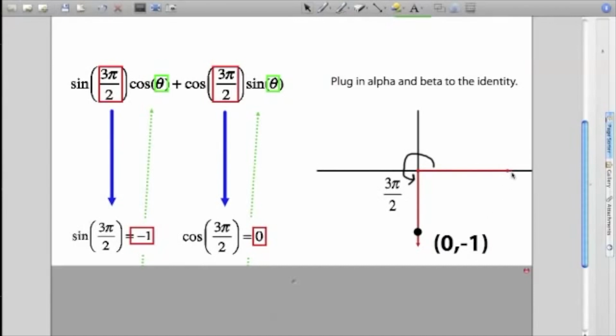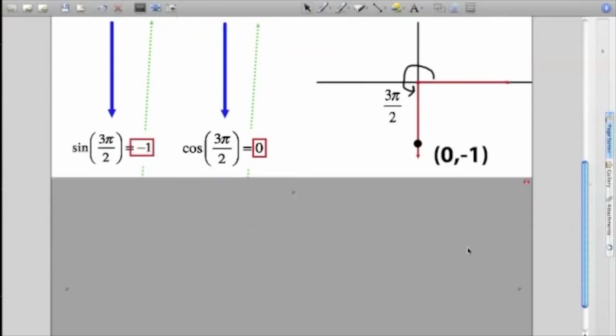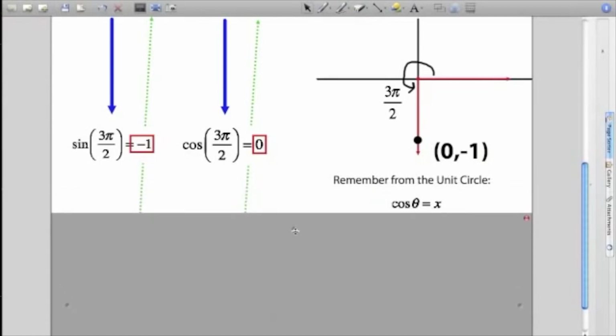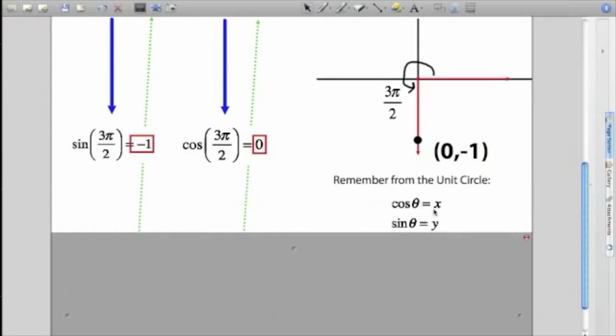Because at 0 degrees, it would be (1, 0). Up at 90 degrees, it would be (0, 1). At 180 degrees, it's (-1, 0), and of course down at the bottom we have (0, -1). Well, that's nice because if you remember from our unit circle, the x-coordinate and the y-coordinate corresponded to the cosine and the sine, as you see on the screen.